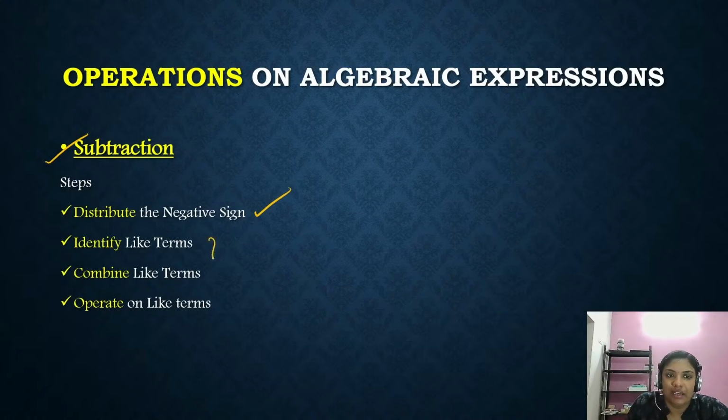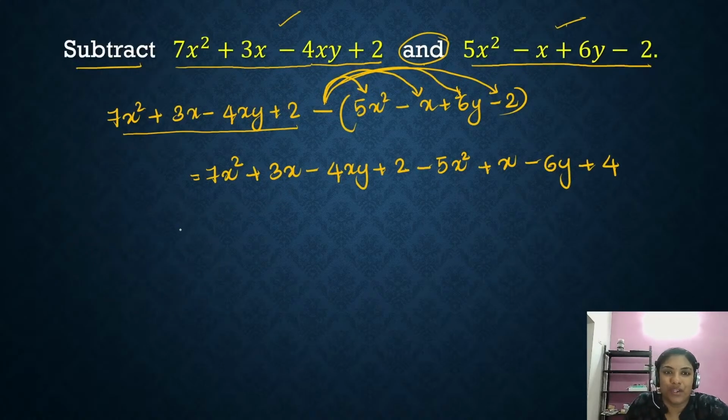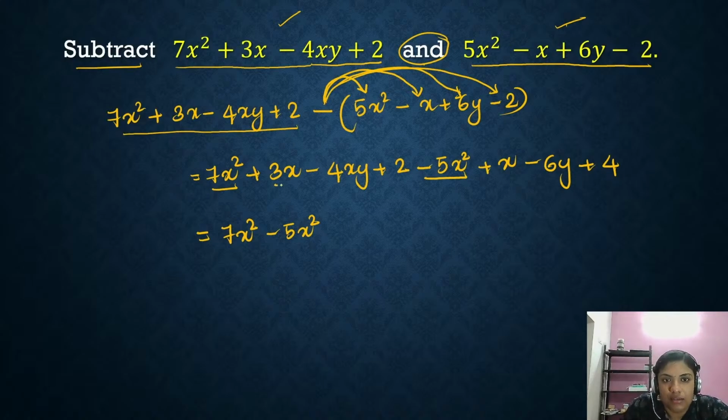Now identify, combine, operate, like that of the addition of algebraic expressions, right? So we can pick out the like terms and write them together. 7x square, we wrote 7x square. Now minus 5x square, they are like terms, right? Now next one, 3x is here, x is here, so plus 3x plus x.